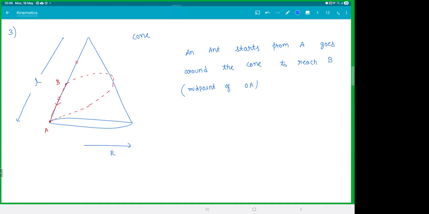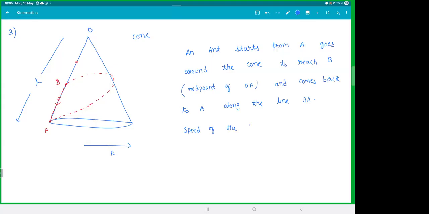This tip is O, and comes back to A along the line BA. Find BA, right?